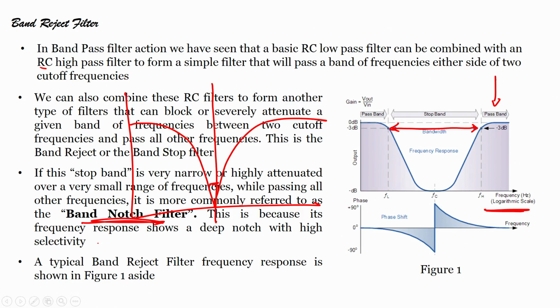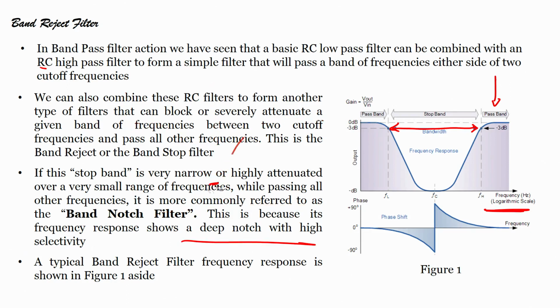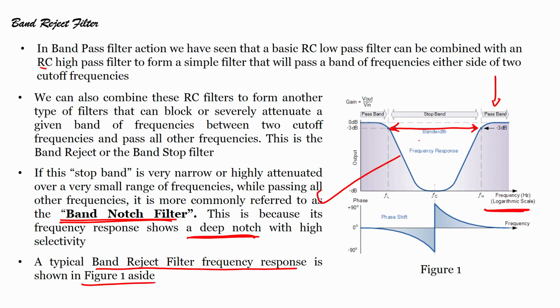This is because its frequency response shows a deep notch, with high selectivity. Only that particular small band of frequencies is stopped, and it looks like a deep notch. That is why it is also called a band notch filter, same filter. Band reject filter is also called band notch. A typical band reject filter response is shown in this figure.